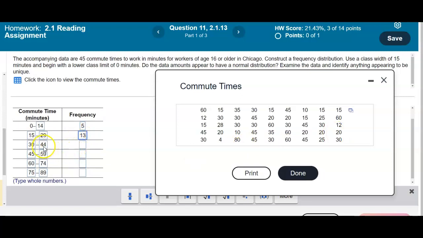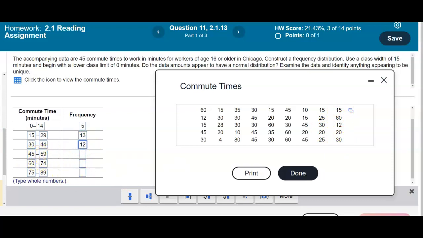Between 30 and 44, we have 1, 2, 3, 4, 5, 6, 7, 8, 9, 10, 11, 12.